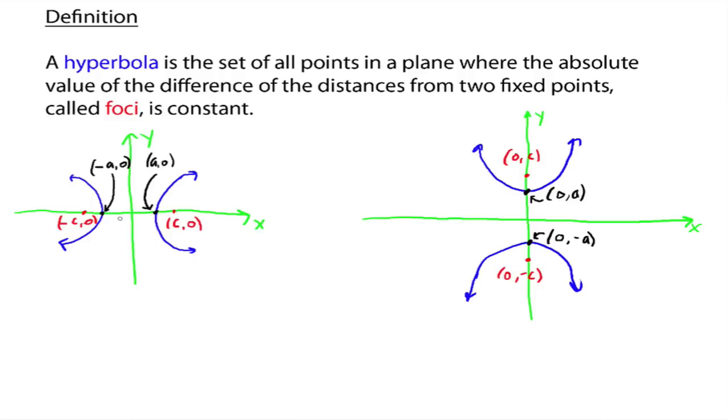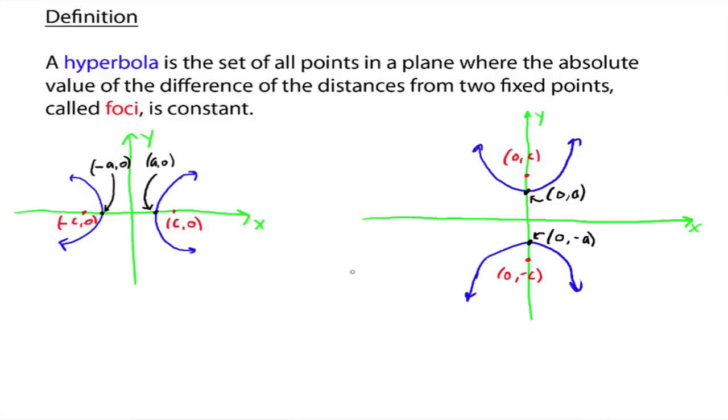So you have a foci here and a foci here for the horizontal transverse axis, and the foci here and here for a vertical transverse axis. And in reality, there are actually some asymptotes that go through here like such. Follow the cursor. An asymptote that goes like this, and an asymptote goes like this, and your hyperbola follows along those asymptotes. We'll talk about how to find those in a few minutes.